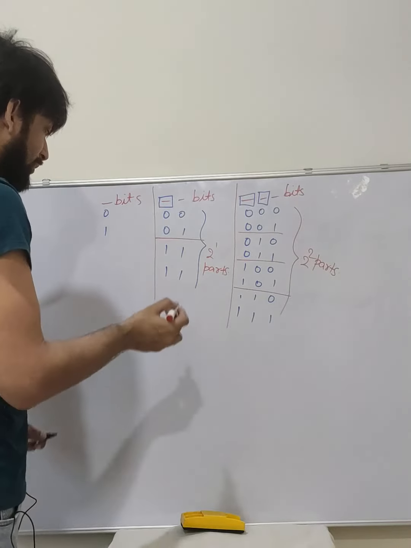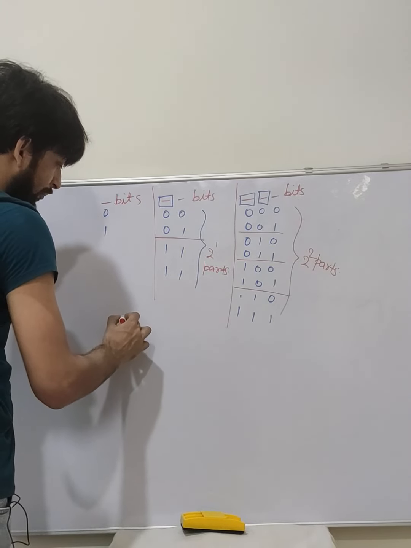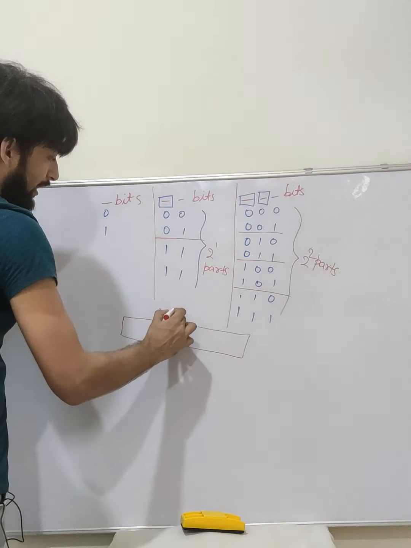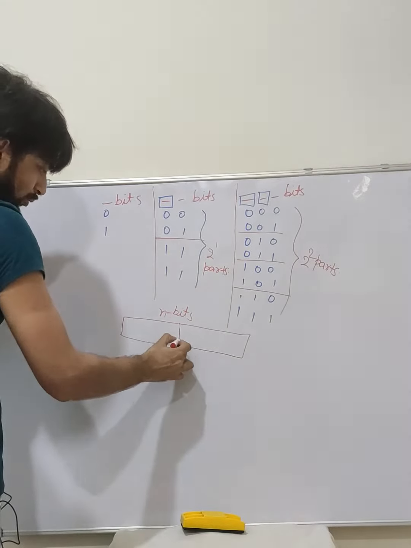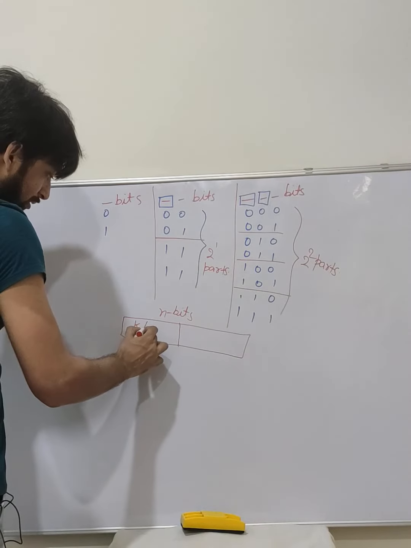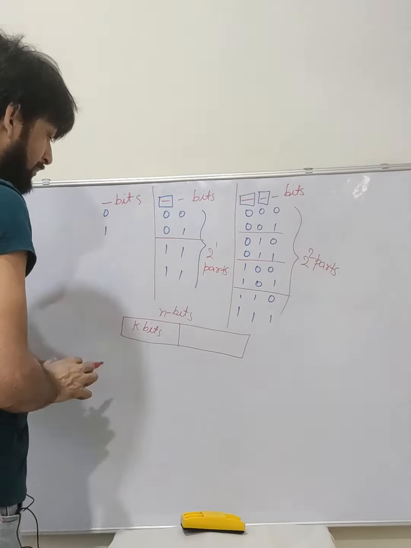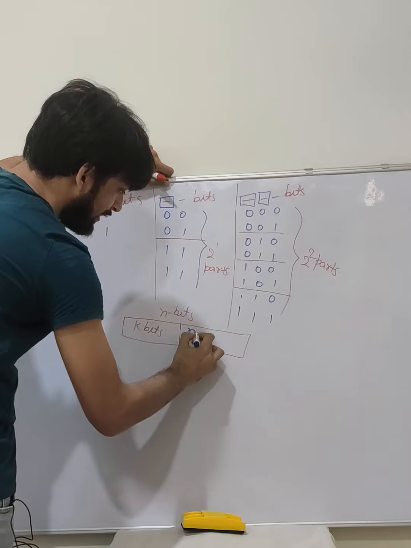So in general, if there is a number of n bits, and if I choose k bits, then the remaining bits are n minus k.